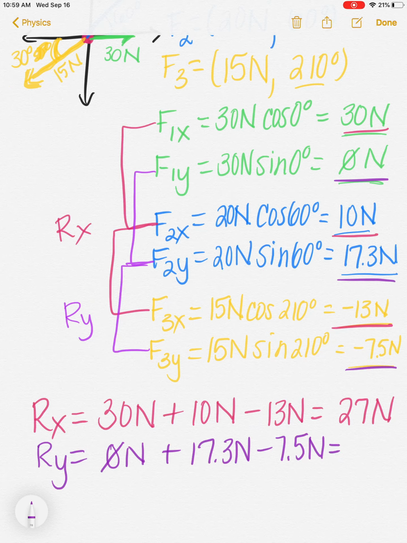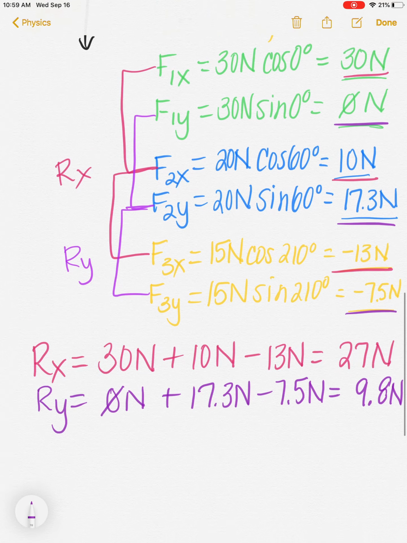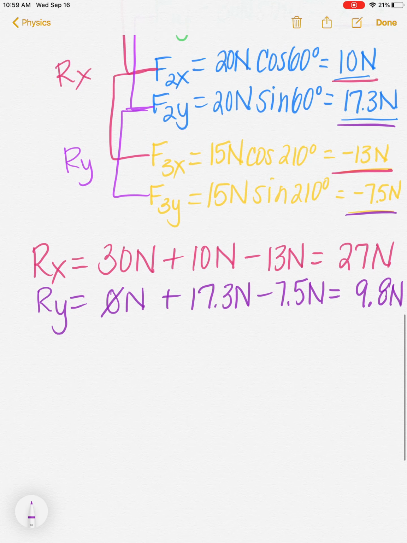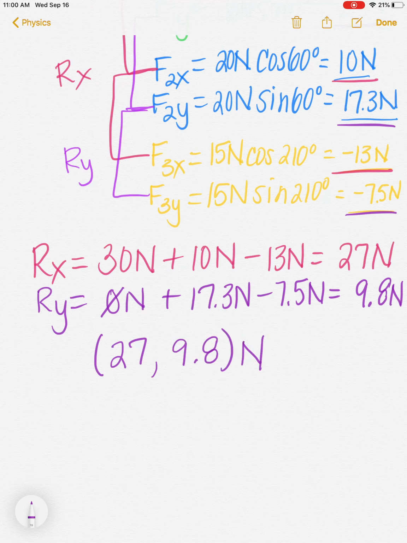All right, when I add those together, I get a resultant of 9.8 newtons. So what does this tell me? When I add these all together, my resultant vector can be described as having an x component of 27 and a y component of 9.8 newtons. That could be my answer.